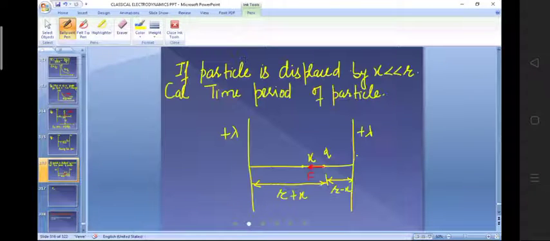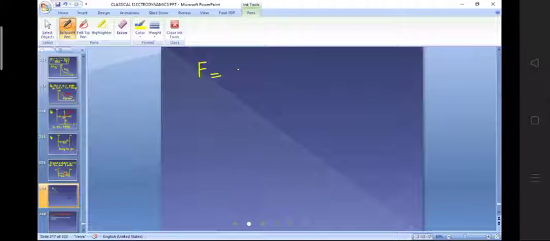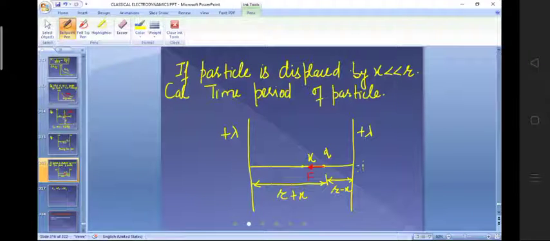First of all, there are two forces. Suppose this is wire number 1 and this is wire number 2, each with linear charge density lambda.